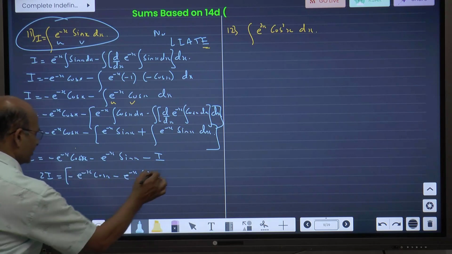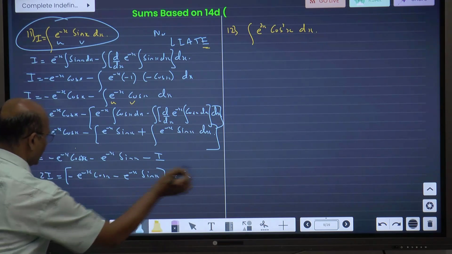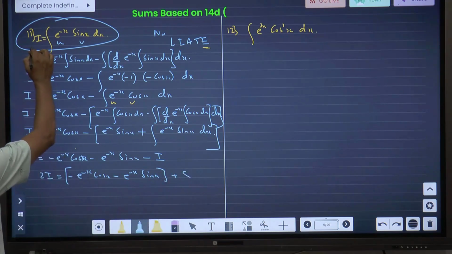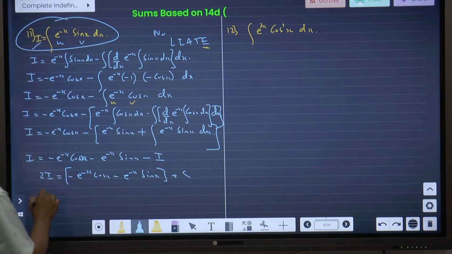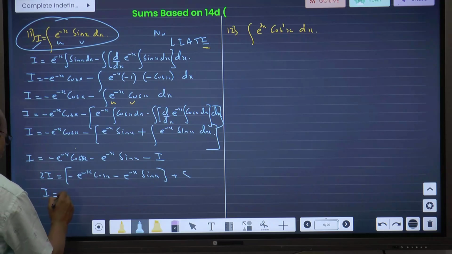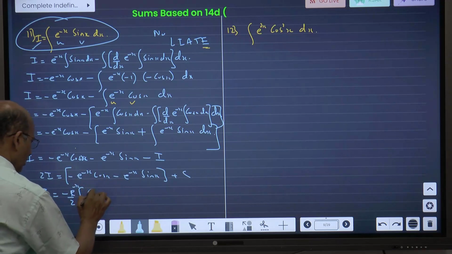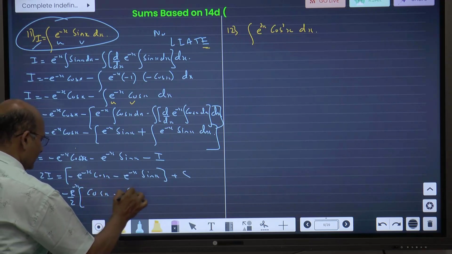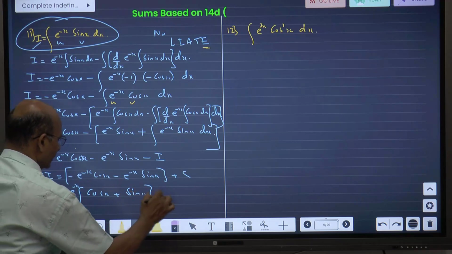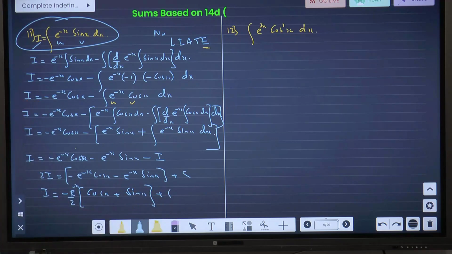Okay, you can put plus c or minus sign, you can take common here, no problem. But as I am interested in the value of I, so I will be equal to minus 1 by 2 outside, and you can say e raised to minus x also common here. This will become cos x plus sin x plus c, because the outside sign is taken care of.